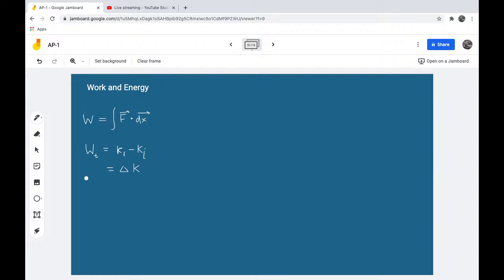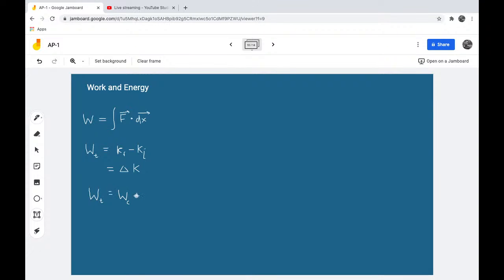Now what is W total? The work done can be by various sources. Typically work can be done by conservative forces. So that can come in the category of WC, the work done by conservative forces.